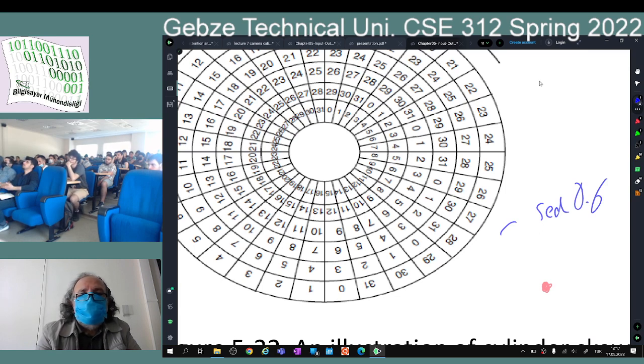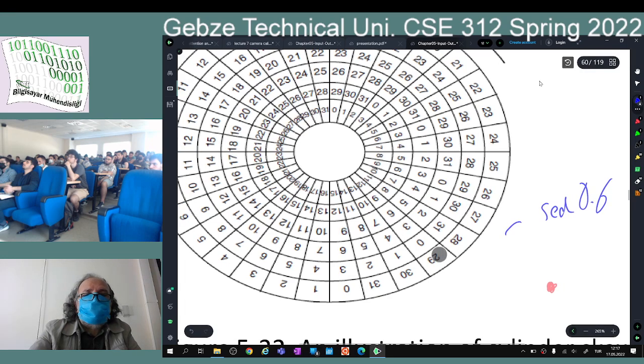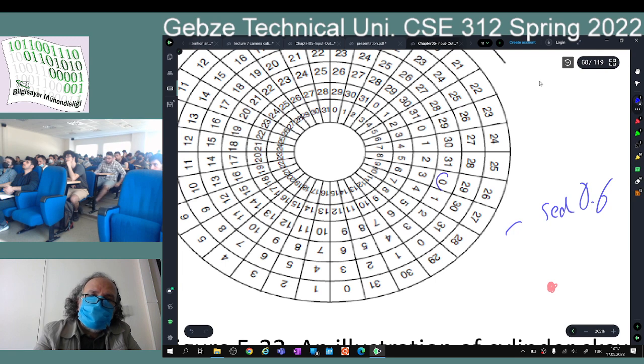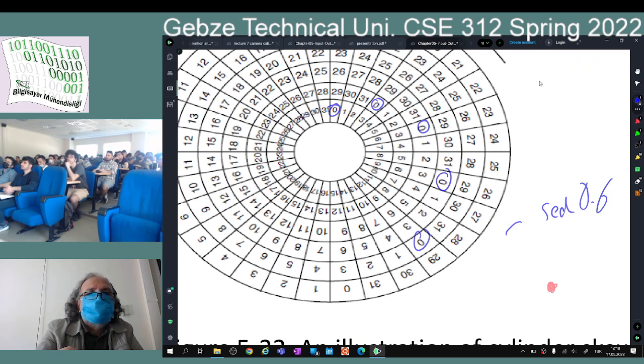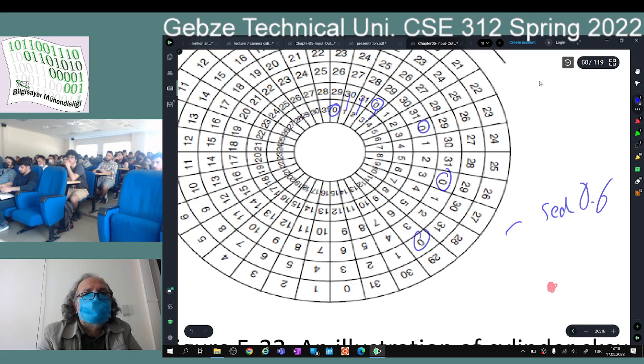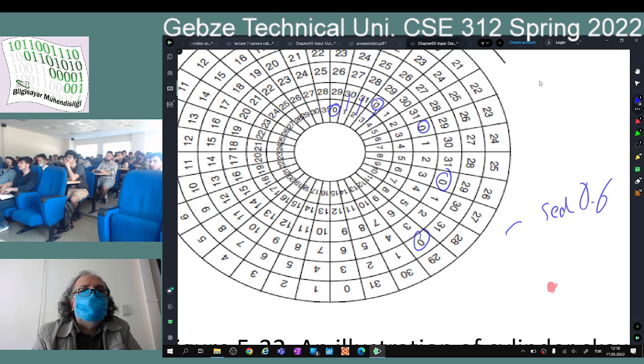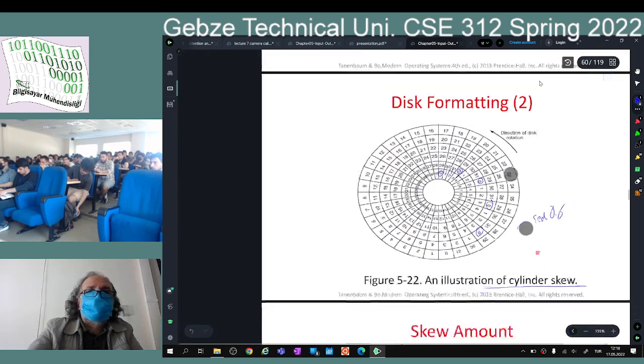You don't say this is sector number 0 of this track and 0, 0, 0. You do it this way: 0 is here, 0 is here, 0 is here, 0 is here, and 0 is here. So there is a skew amount, 1, 2, 3 sectors. So my sector structure is skewed by 3, and this is called the skew factor for your disk.